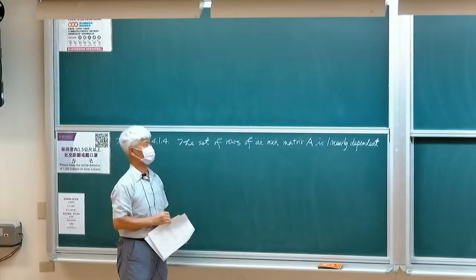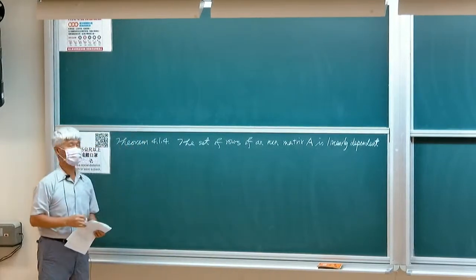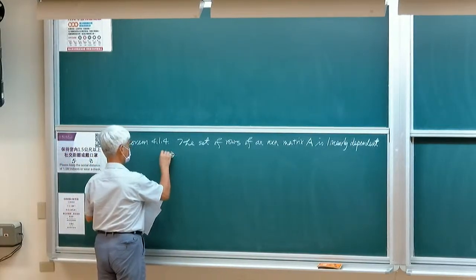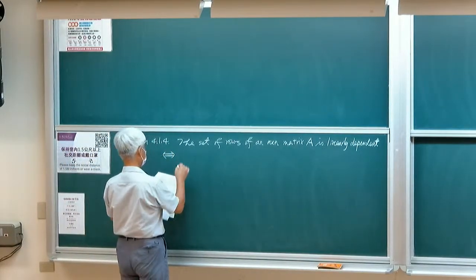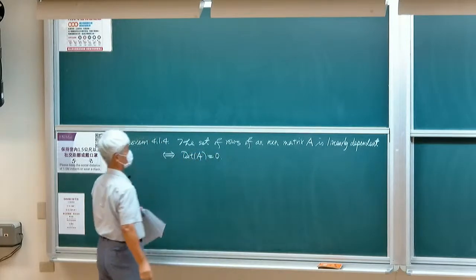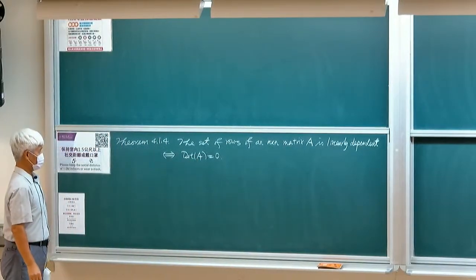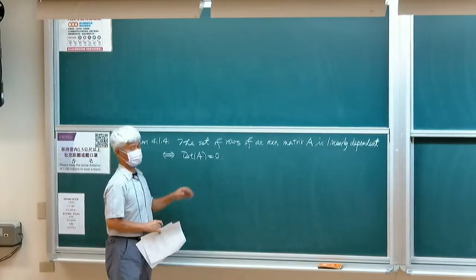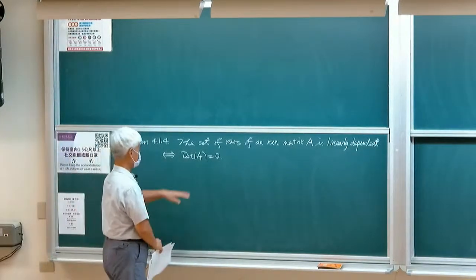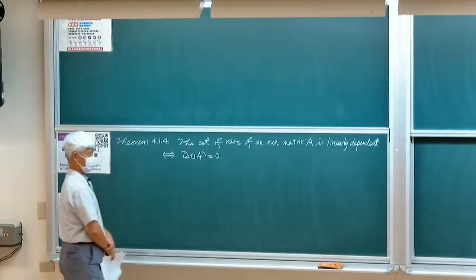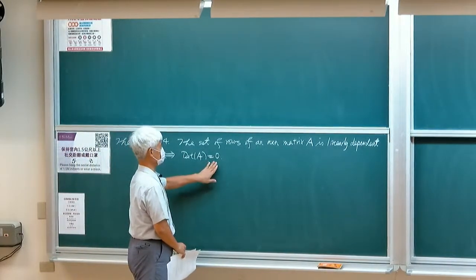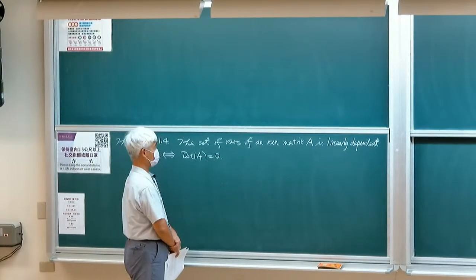The set of rows of an n-dimensional matrix A is linearly dependent if and only if the determinant of A is 0. So this is one way to justify whether the determinant value of a specific n-dimensional matrix A is 0.